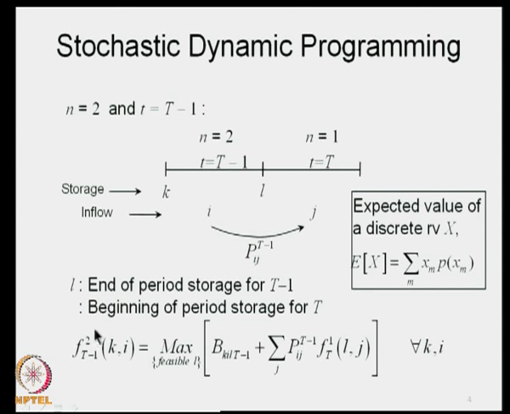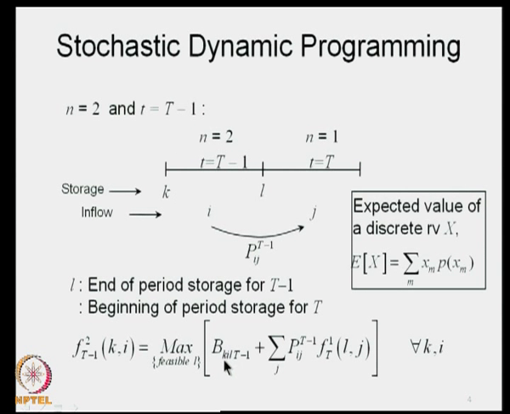We will write for stage n is equal to 2 and for the time period t minus 1. So, we are defining f 2 t minus 1 of k comma I. So, for a given value of k and for a given value of I am defining this as equal to maximization over those feasible values of L as I just defined of what is resulting from period t minus 1.